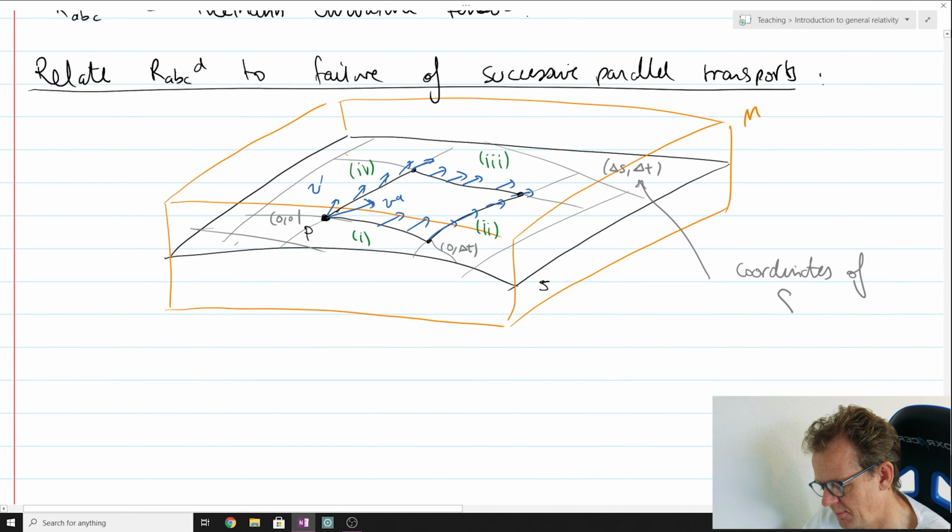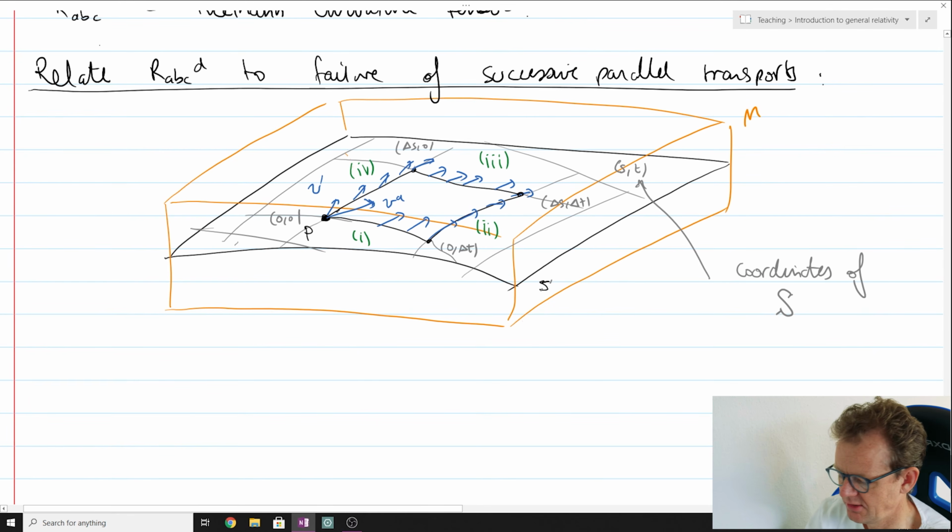So this is big S. And the second point on our journey is delta s, delta t. The third point in our journey is delta s, 0, and the starting point is 0, 0.